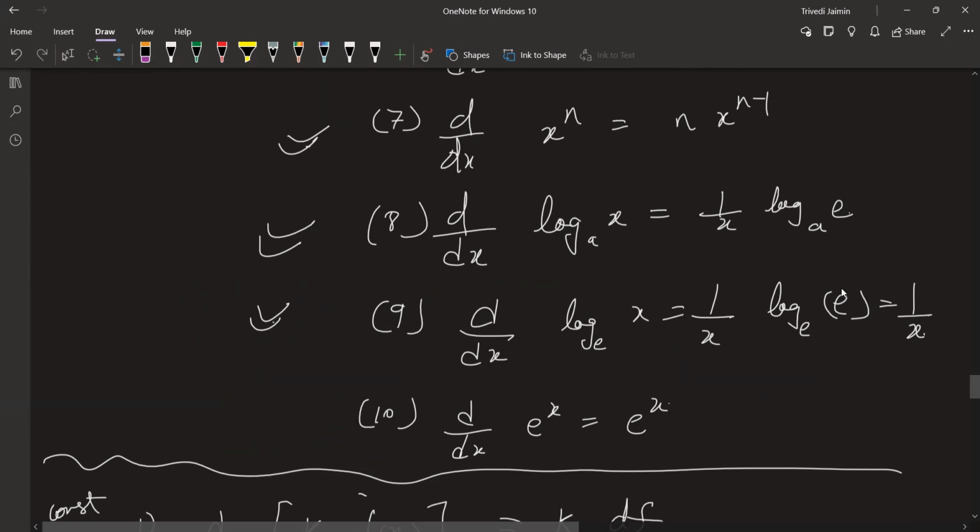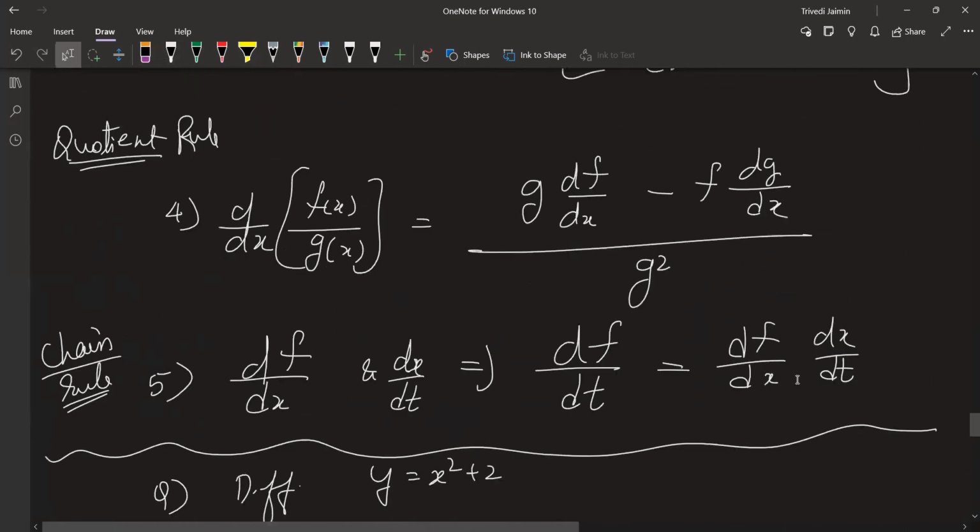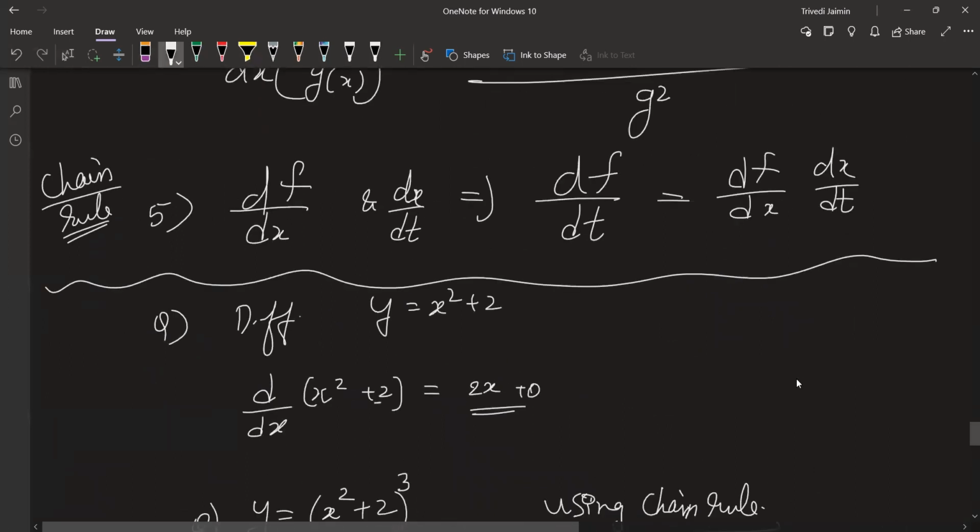So what is d by dx? This is the form of differentiation. If I want to differentiate this, I will say: differentiate this function with respect to x. The function is x to the power n. We are differentiating the function x to the power n with respect to x. Now in the question we just did, there was a function, but it was a direct function.